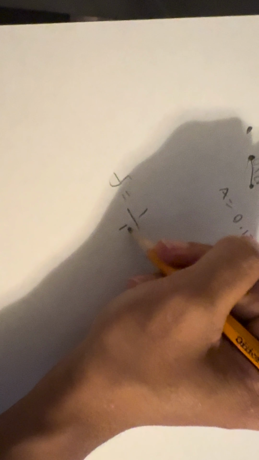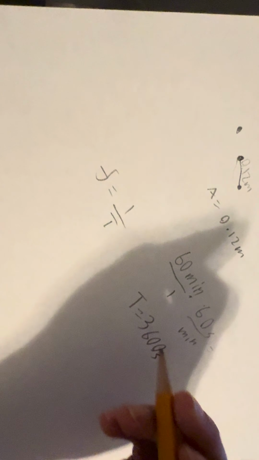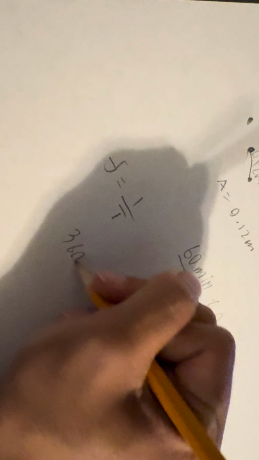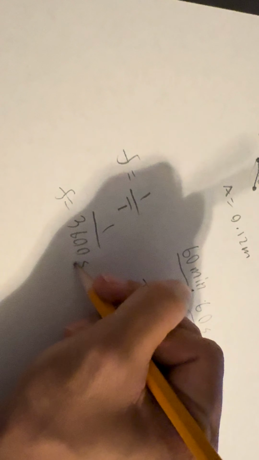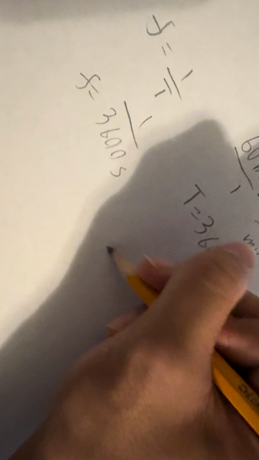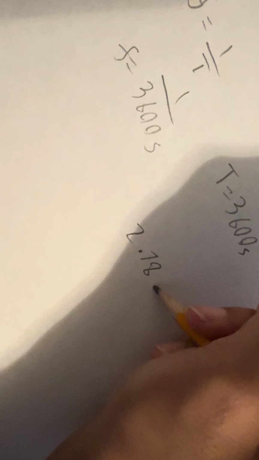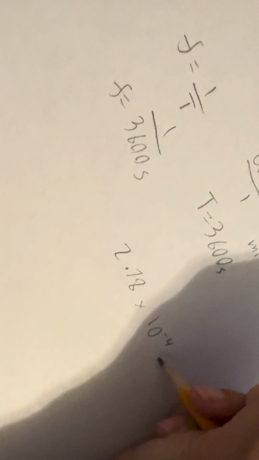So we could say that frequency is equal to 1 over big T. If our period is 3,600, our frequency is equal to 1 over 3,600 seconds, which will give us about 2.78 times 10 to the negative 4 hertz.